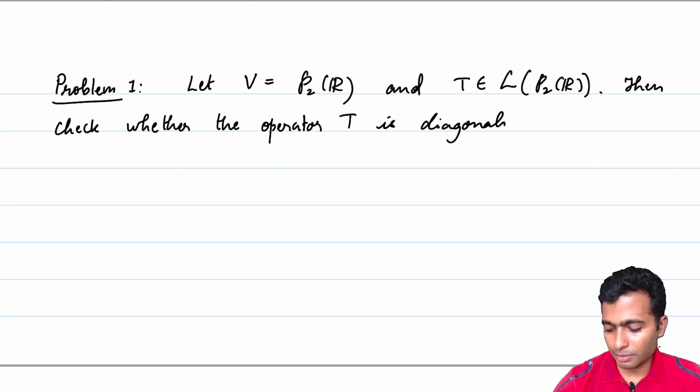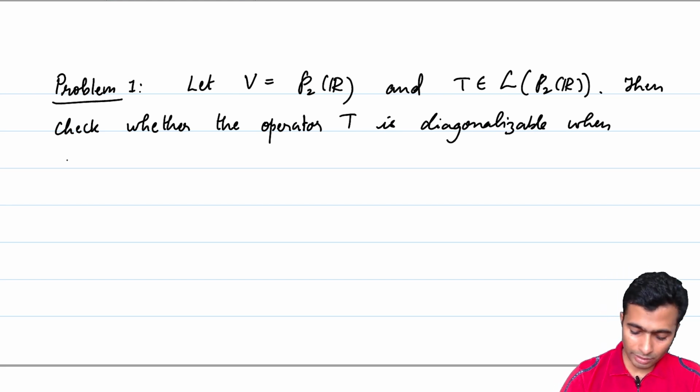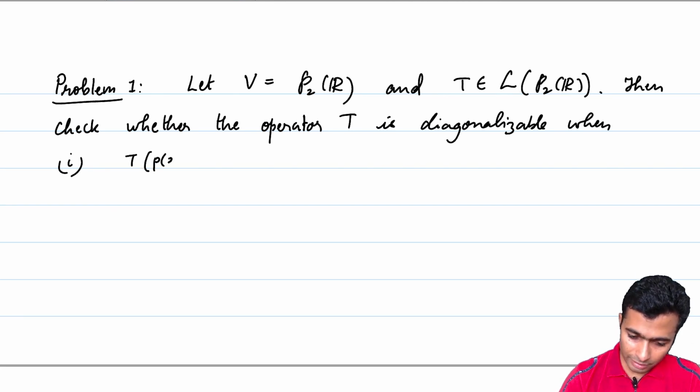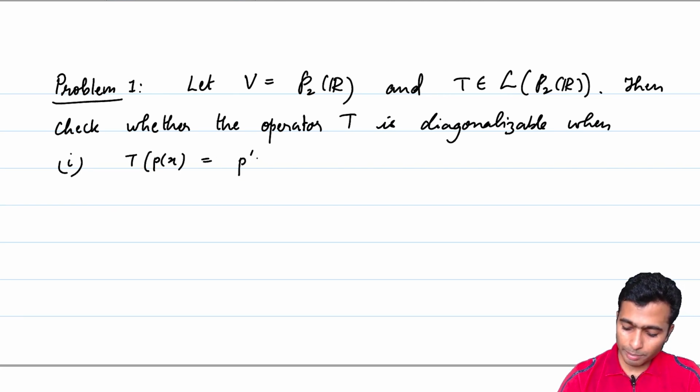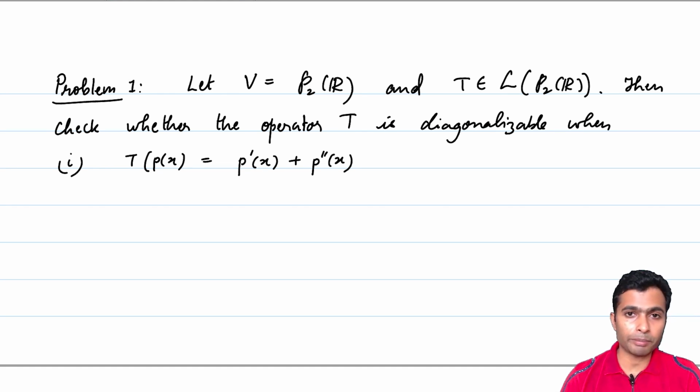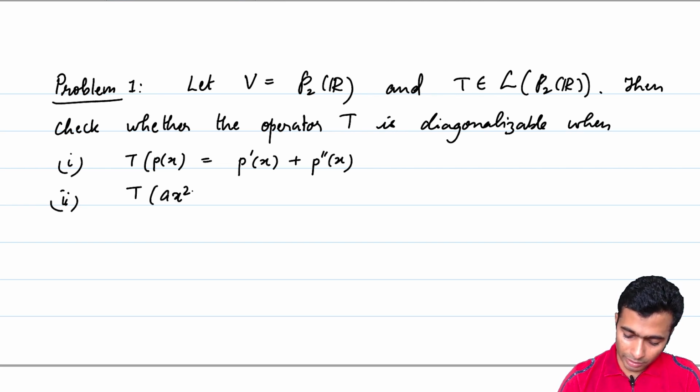It's diagonalizable when, so let's see, one is when T of P of x is equal to P prime of x plus P double prime of x. P is sent to P prime plus P double prime. The second is, let's take some generic polynomial. It will look like ax square plus bx plus c.